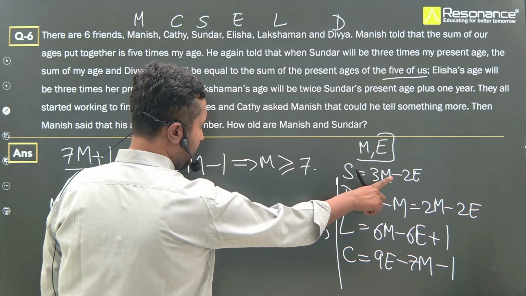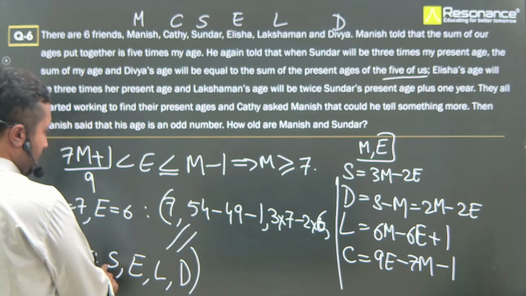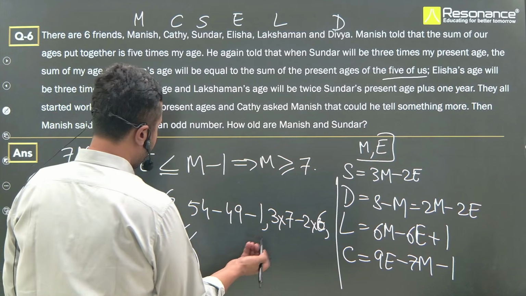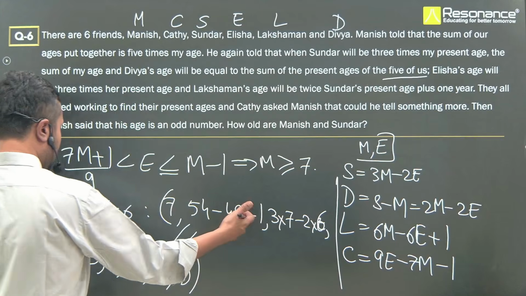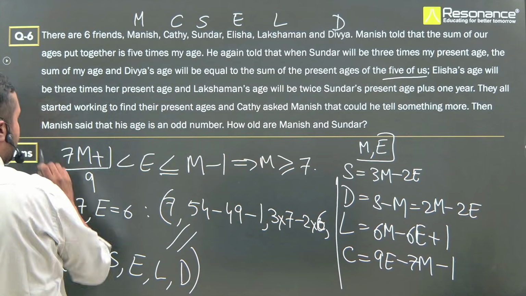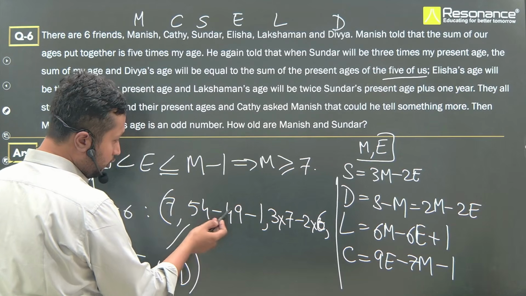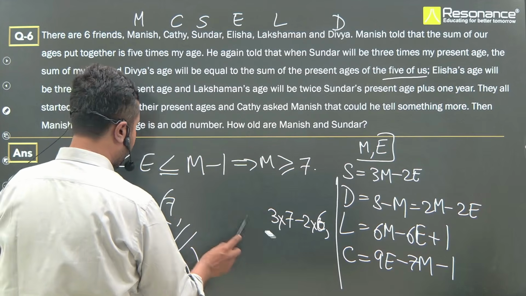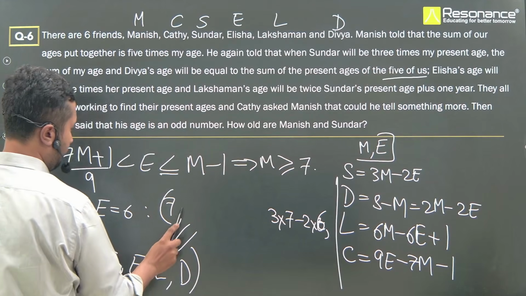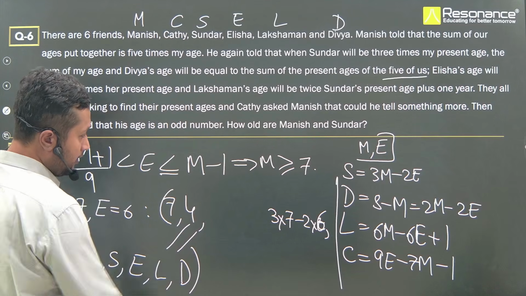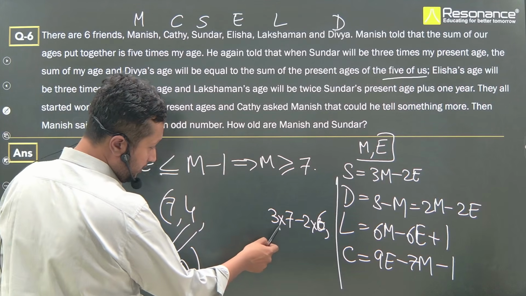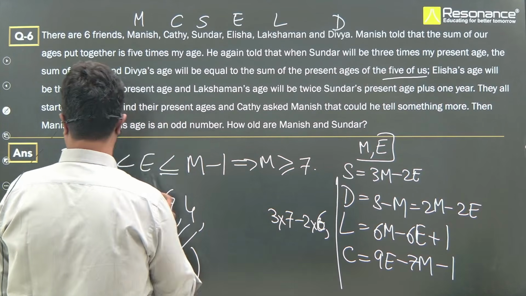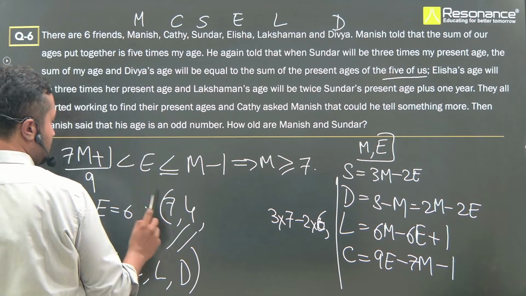Okay, so 3M minus 2E. And what's next? E is 6, right? So maybe I'll just calculate these values and write that over here. So 54 minus 50, that's just 4, right? Next, how much is all that? 20, yeah, I hope I got that right. 21 minus 12. So that is 9.